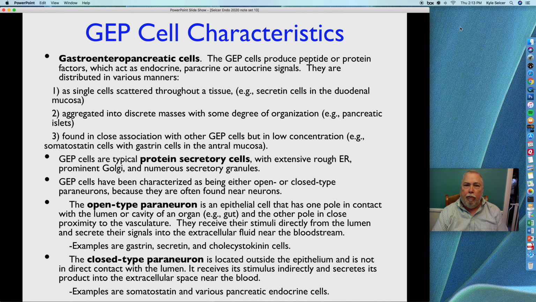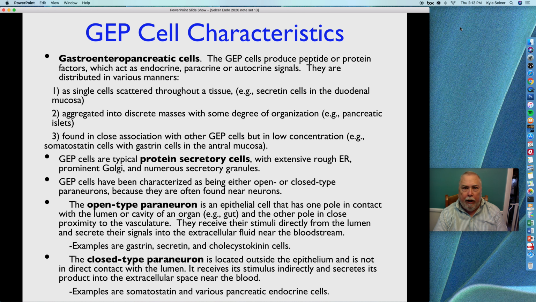They can be distributed as single cells scattered throughout a tissue. So, for example, the cells that make secretin are in the duodenum, in the mucosal layer of the duodenum. They're just kind of scattered throughout. They can be aggregated in discrete masses with some kind of organization.